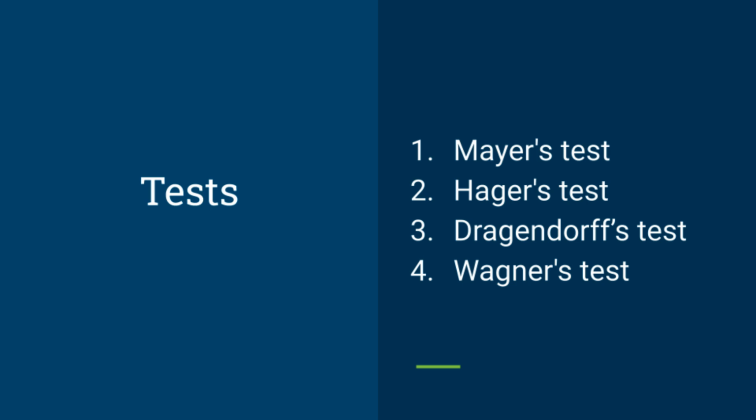These are Mayer's test, Hager's test, Dragendorff's test, and Wagner's test. Mayer's, Hager's, Dragendorff's, and Wagner's tests are different tests used to identify alkaloids.